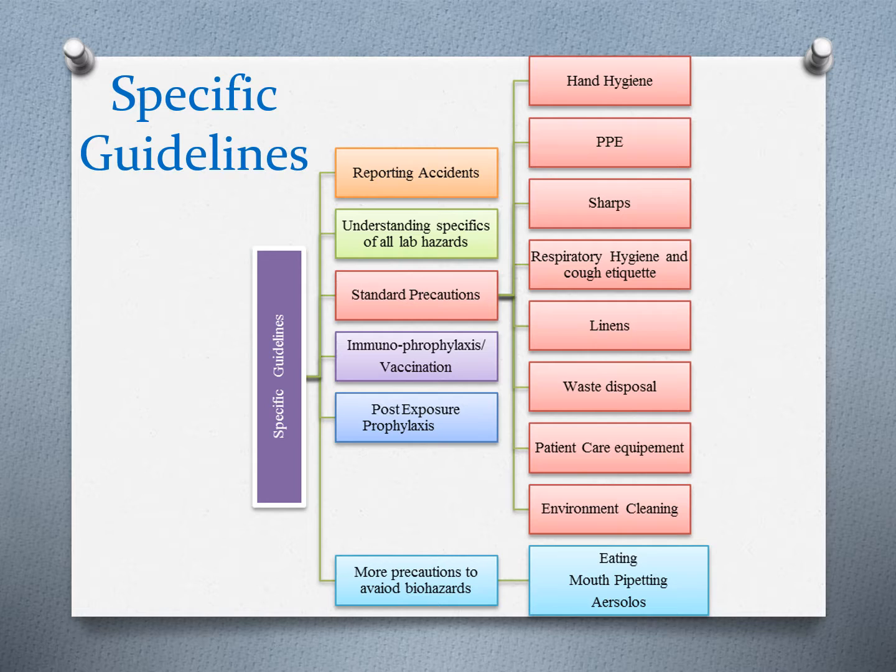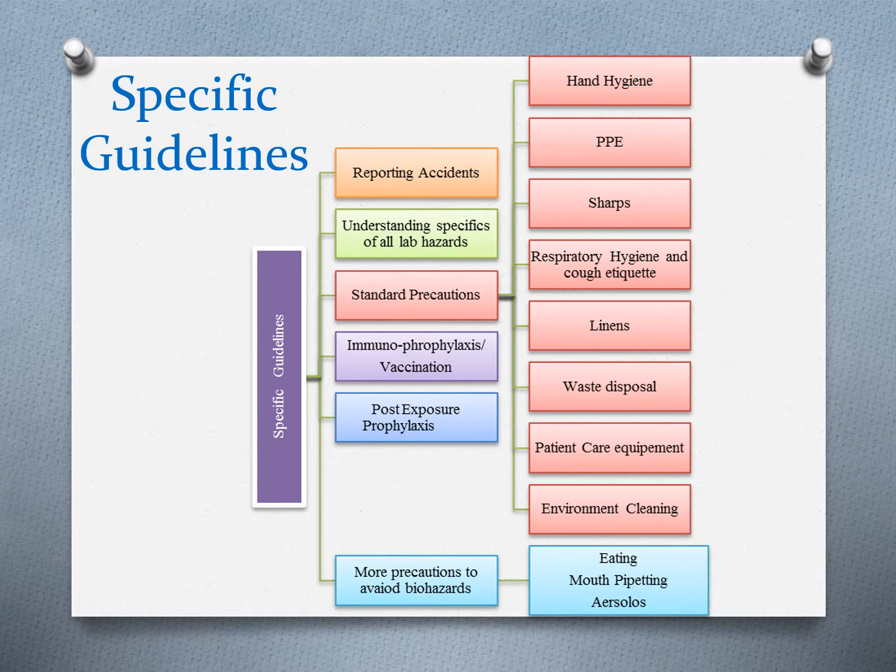The specific areas to be addressed are listed in this flowchart. They are: reporting accidents, understanding specifics of all laboratory hazards, standard precautions, which is made up of several components like hand hygiene, PPE, handling of sharps, respiratory hygiene and cough etiquette, linens, waste disposal, patient care equipment, and environmental cleaning.